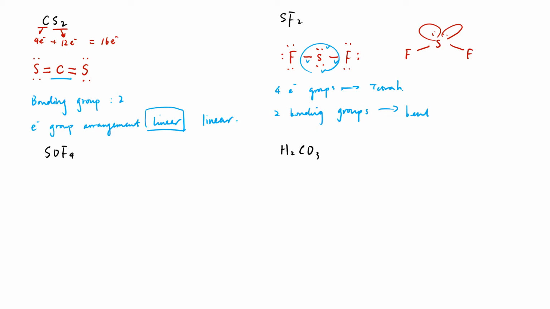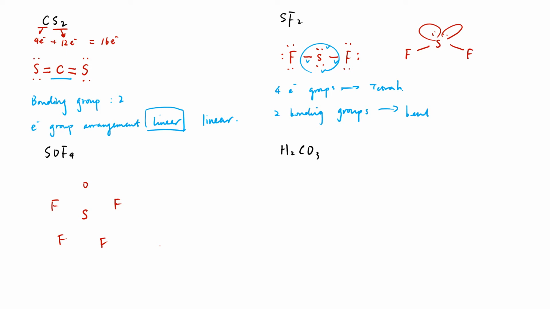The third one. For the third one, it tells you the sulfur is the central atom. So just put the sulfur in the middle, with oxygen and fluorines around it.